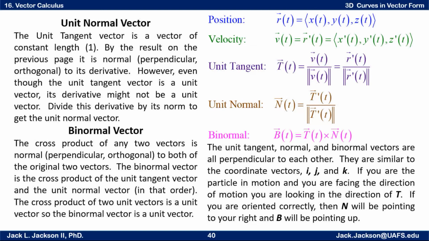So similar to the i, j, and k unit vectors for the coordinate system. In fact, if you're a particle in motion, you're facing the direction of the motion, you're looking in the direction of T. If you're ordered correctly, N will be pointed to your left, and then B will be pointed up. So these three vectors, the tangent, normal, and binormal unit vectors, have something to say about what direction we're orienting ourselves.